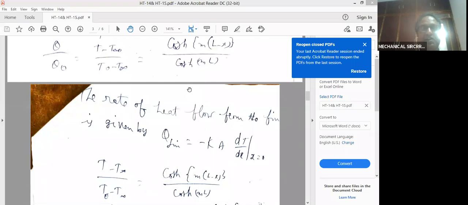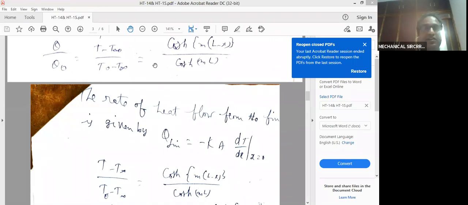By using that, we have derived the temperature distribution equation for an insulated fin. T minus T free stream divided by T naught minus T free stream is equal to cosh m into (L minus x) divided by cosh mL.